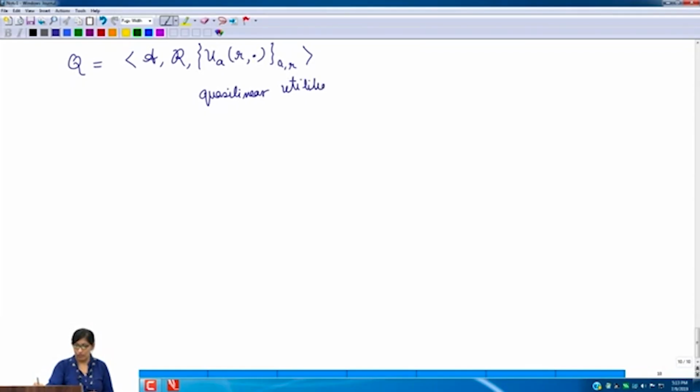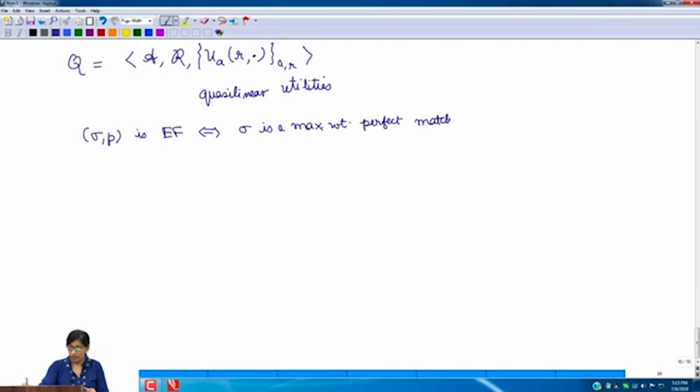So sigma comma P is NV free if and only if sigma is a maximum weight perfect matching in the corresponding valuation graph GQ. This is a very, very strong characterization we have under the model of quasi-linear utilities.